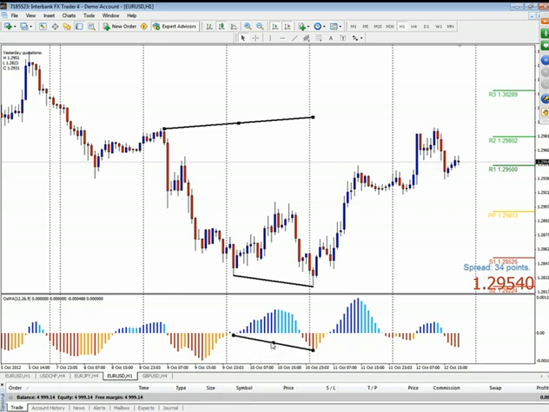Why wasn't it divergence? Because they're both going the same way. But if you really wanted to cheat a little bit, you take it and you draw it over here like this. I don't usually like to do it like that, but if you did, well, sure enough, there was divergence.